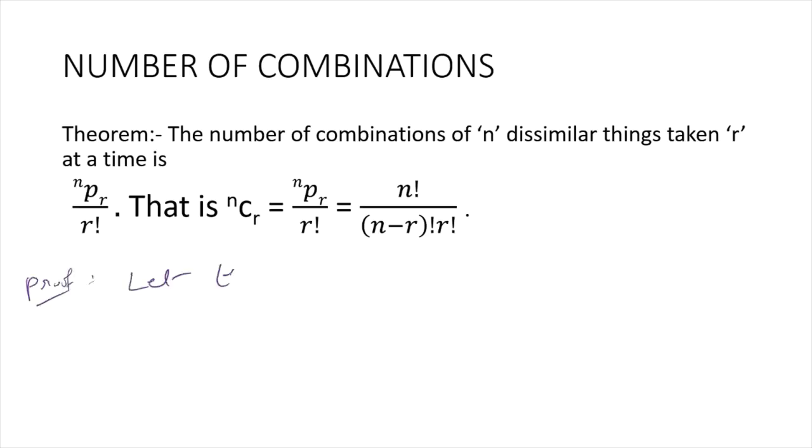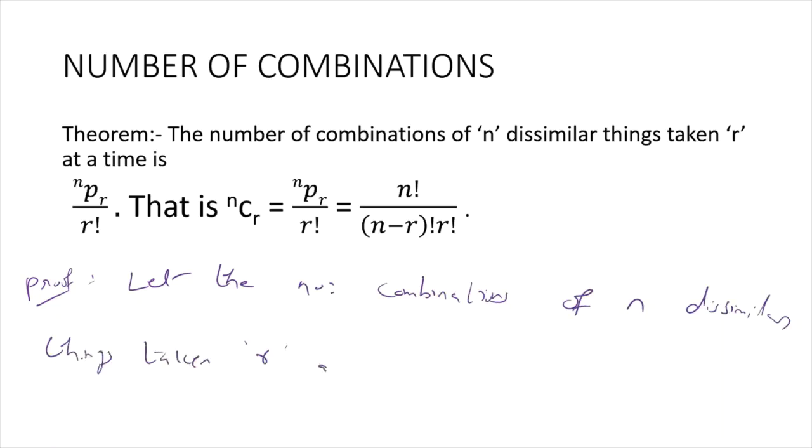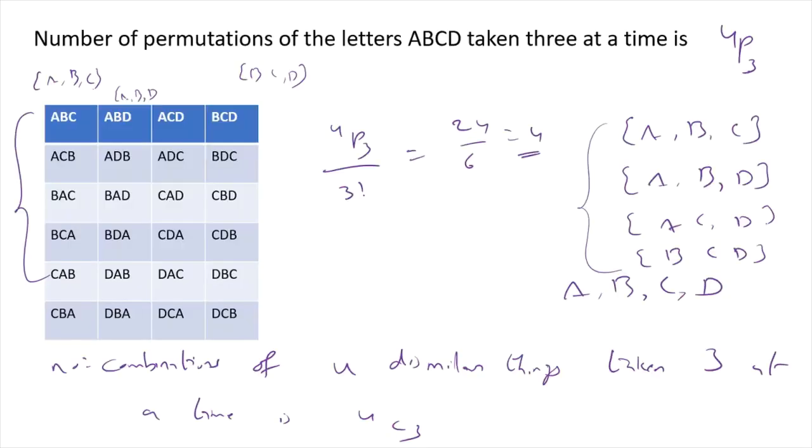Let the number of combinations of n dissimilar things taken r at a time be nCr. We have to find out what this nCr is. As we have seen in this example, one set containing ABC will result in 3 factorial permutations.